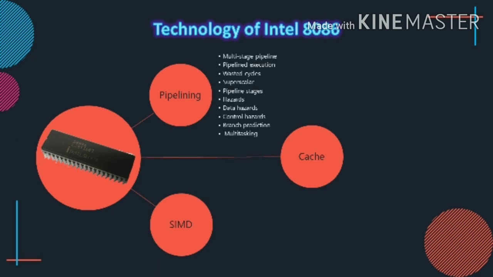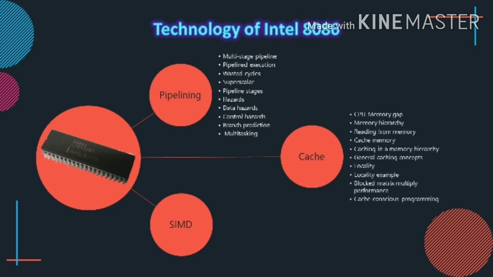For pipelining, there are multi-stage pipeline, pipeline execution, wasted cycles, superscalar, pipeline stages, hazards, data hazards, control hazards, branch prediction, and multitasking. For cache, there are CPU memory gap, memory hierarchy, reading from memory, cache memory, caching in a memory hierarchy, general caching concepts, locality example, blocked matrix multiply performance, and cache-conscious programming.